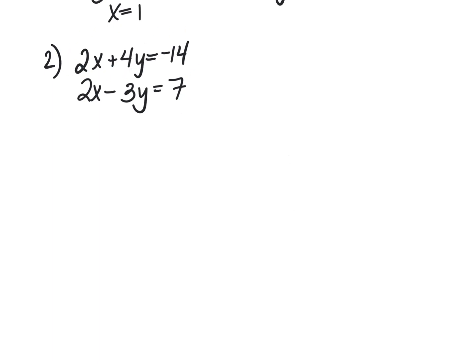Multiply one of them by a negative, and that will make the negative 2x, so I can add them together. So let's multiply the top one by negative 1. Negative 2x minus 4y equals positive 14. Now I can add them together.